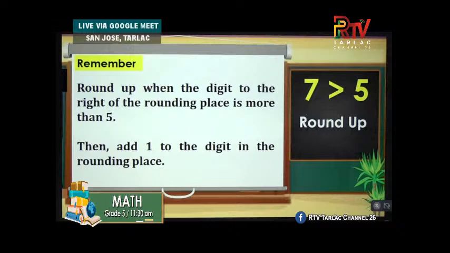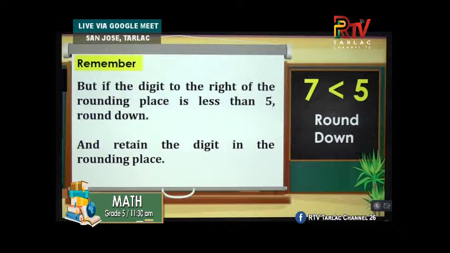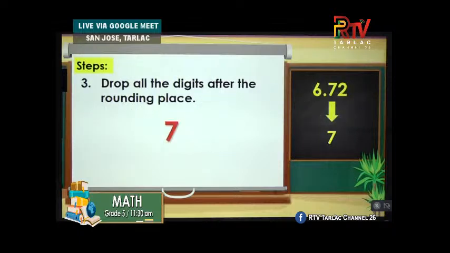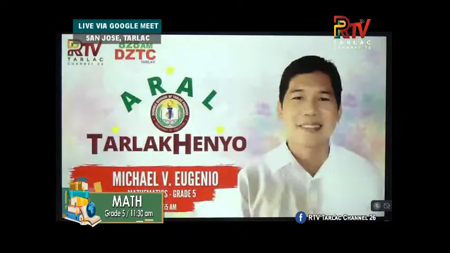But if the digit to the right of the rounding place is less than 5, round down. For step 4, drop all the digits after the rounding place. So, 6 and 72 hundredths is rounded to 7. That's cool, right? I guess you are now ready for our new lesson.